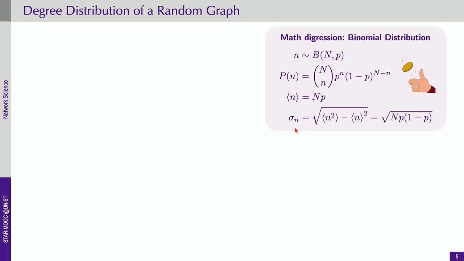If the random variable, small n here, denotes the number of heads out of the capital N trials of coin tossing, then it follows a binomial distribution. We are not going into the detailed derivation, but it's important to be able to express the mean and the standard deviation of the distribution in terms of the parameters N and p.